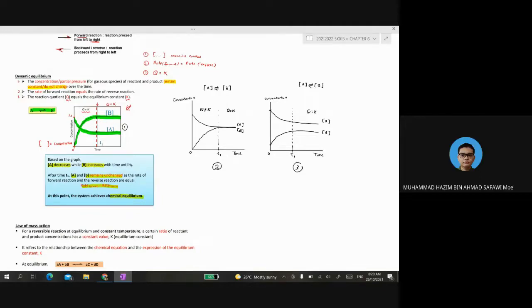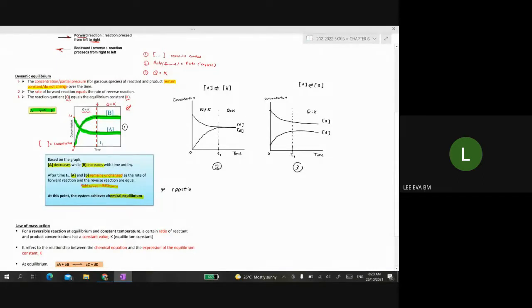So for the second diagram, it means that both have already completely reacted. We won't say completely reacted, but the reaction keeps on going. Okay, the reaction keeps on going. That's why we say the rate forward equals to rate reverse. Remember, reaction doesn't stop. So you can note this down.